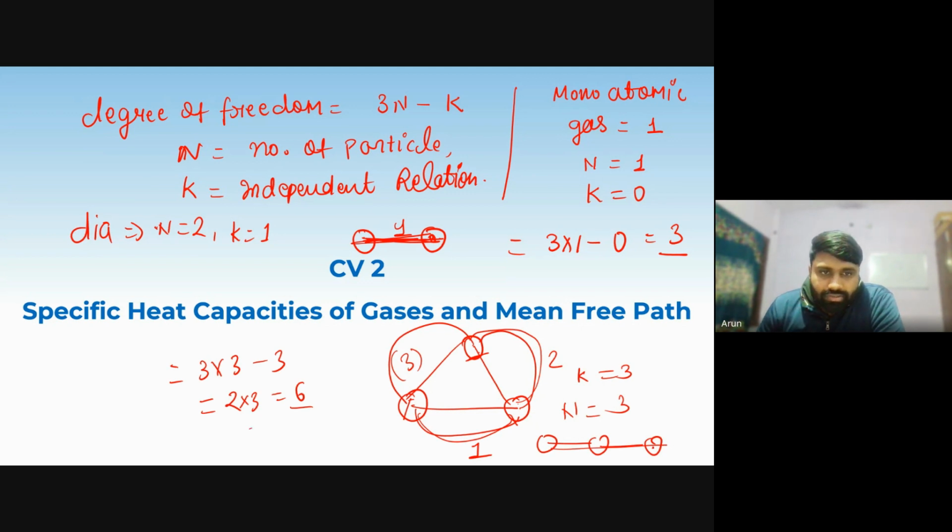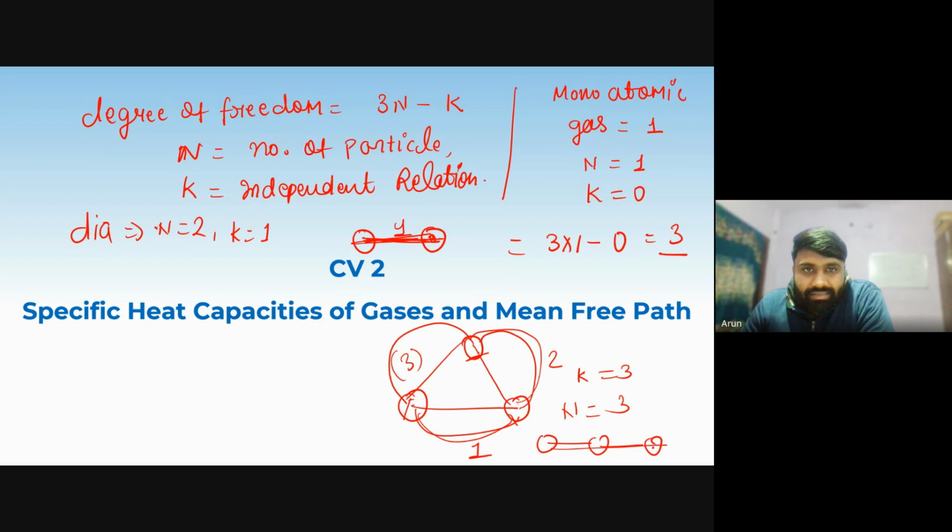So this will become 3 into 3 minus 1. Let's forget about it, we will learn it for non-linear also. This is valid for non-linear. I forgot to mention here, this relation is valid for non-linear molecules.